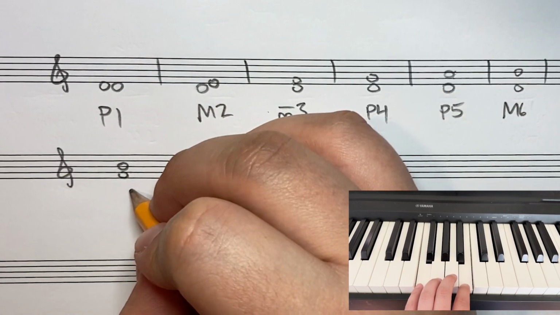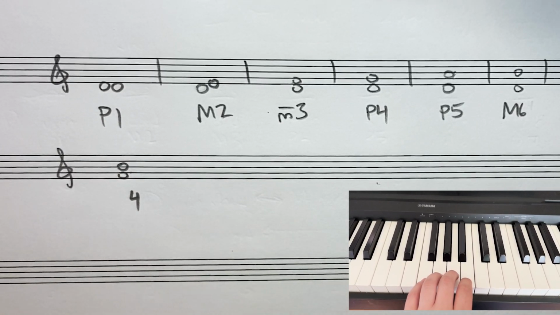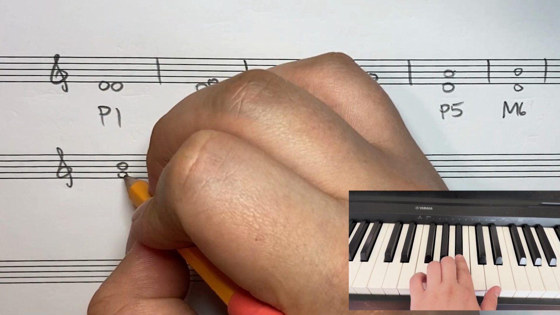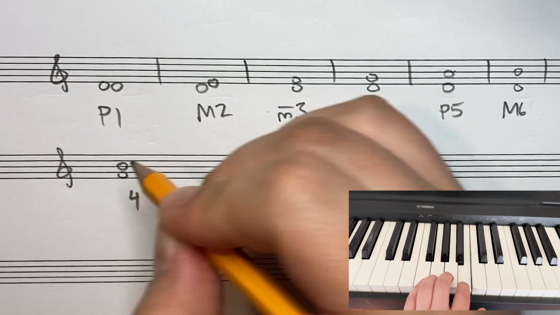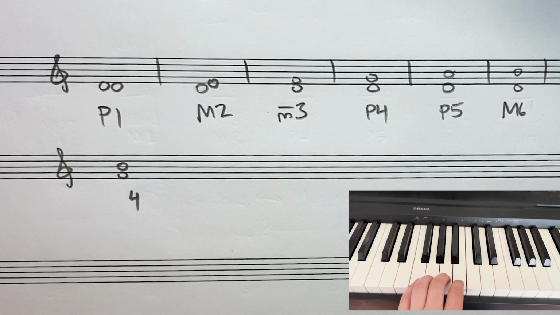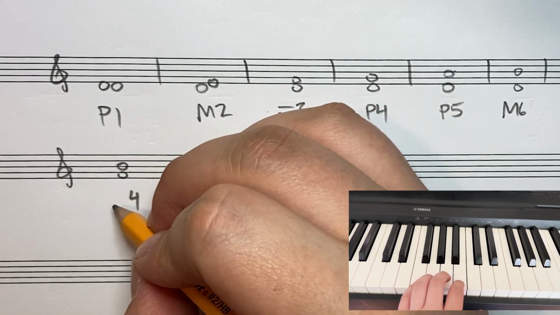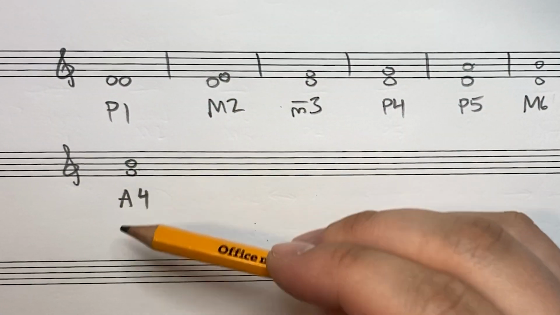That's a fourth. Now this is not a perfect fourth because a perfect fourth would be 2 whole steps plus a half step. In this case, what we have is 3 whole steps. So if we know that F to A is a major third and A to B is a whole step above the major third, it is actually going to be an augmented fourth. 3 whole steps away would be an augmented fourth.